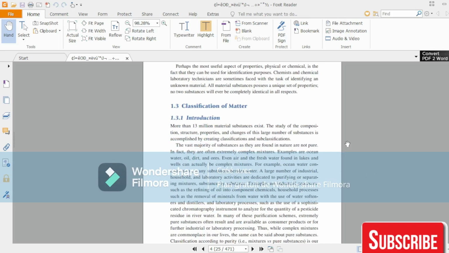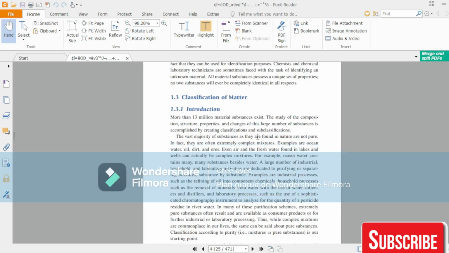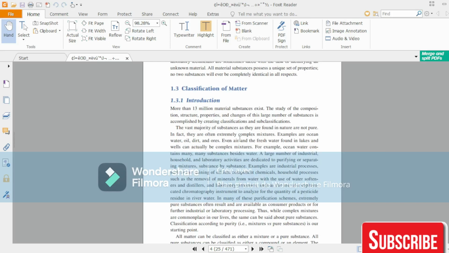First, the introduction. More than 13 million material substances exist. The study of the composition, structure, properties, and changes of this large number of substances is accomplished by creating classifications and subclassifications. The vast majority of substances, as they are found in nature, are not pure.